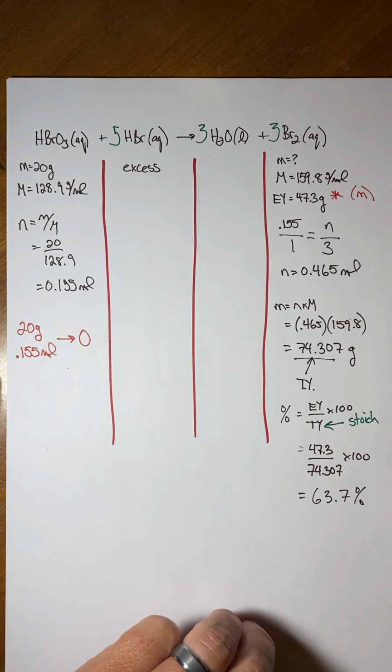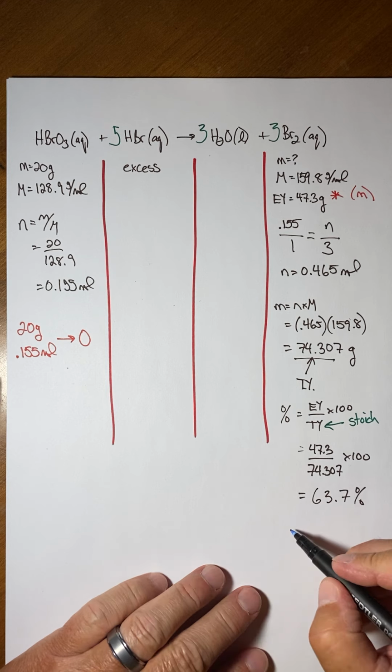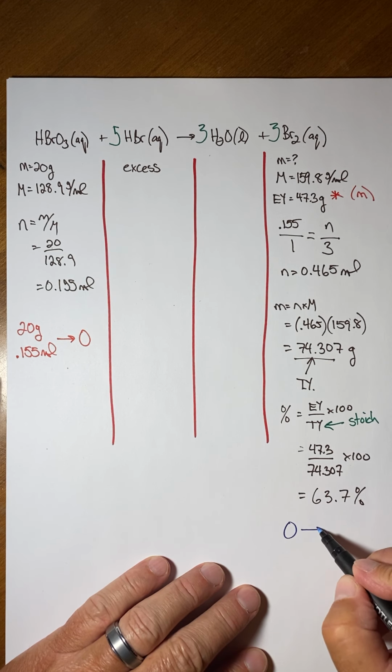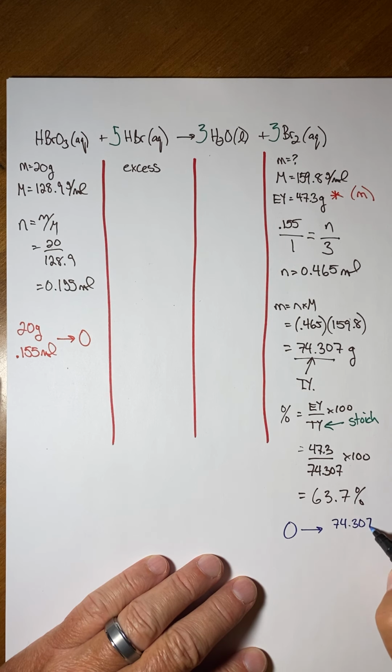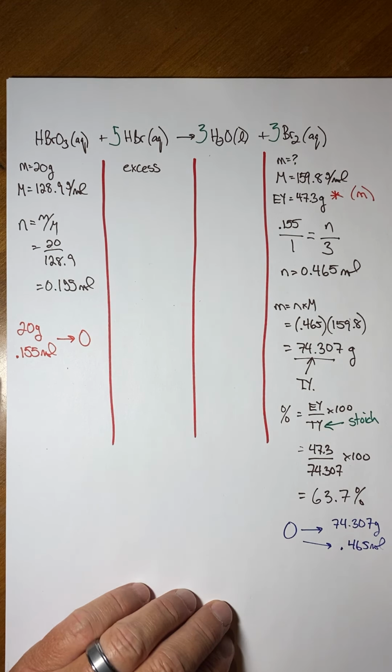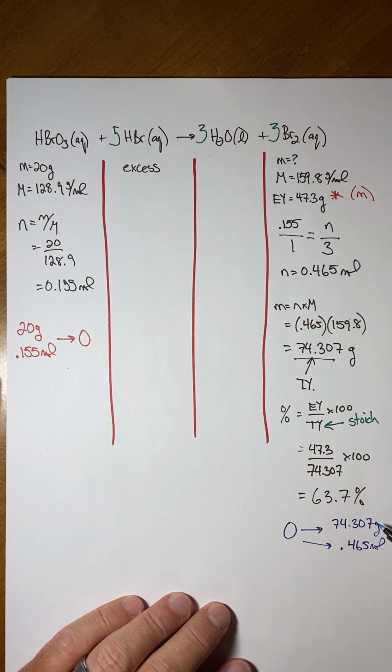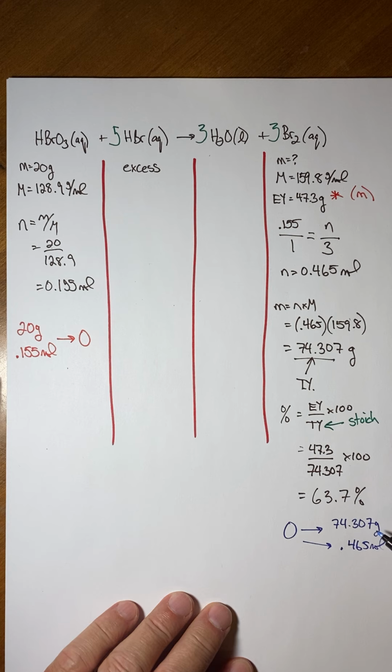The final thing we'd have to do here is remember that we started with 0, and we are going to make, now you could say in theory you're going to make this many grams, or you could say 0.465 moles. I have accepted in the past where people put in here the 47.3 grams, which is actually what they did in the experiment.